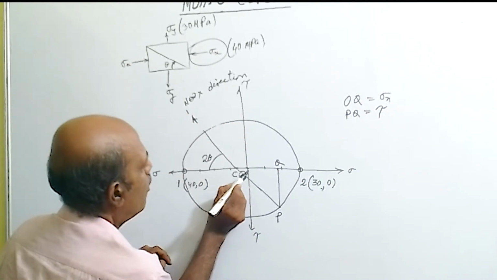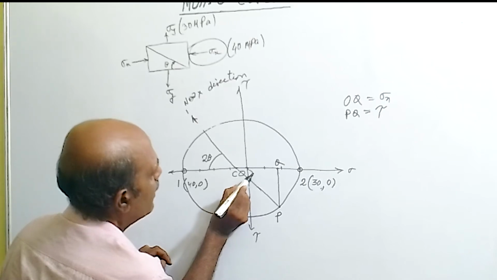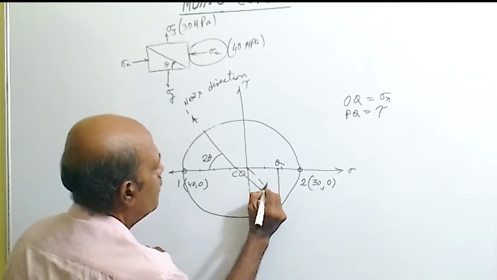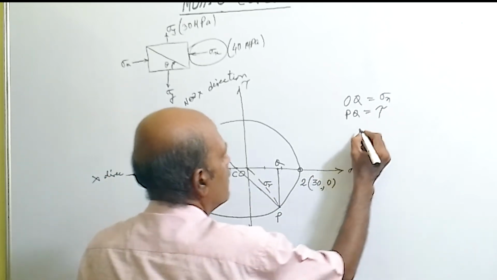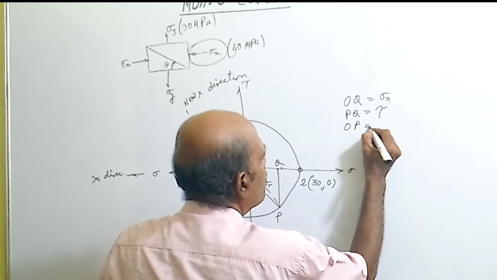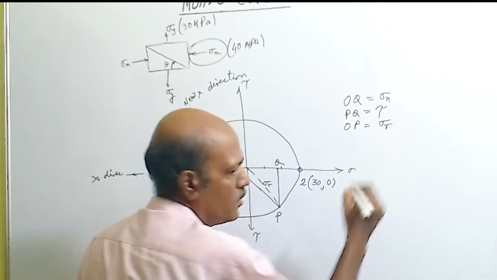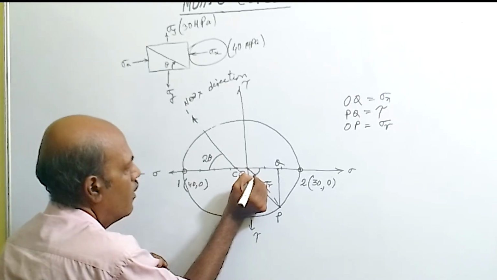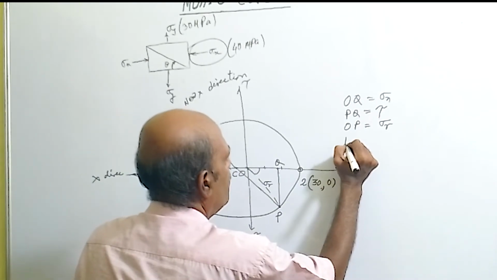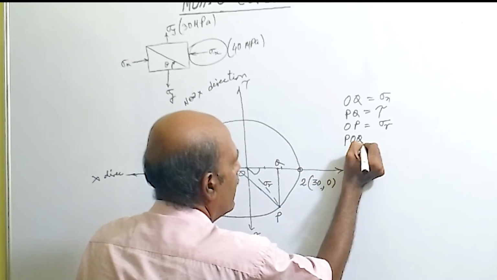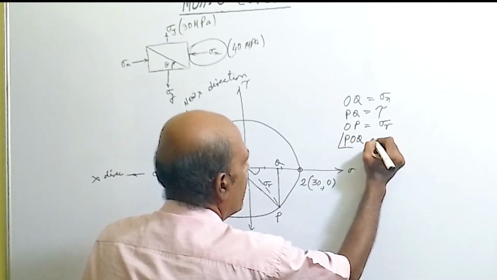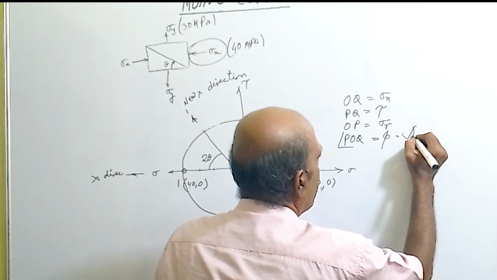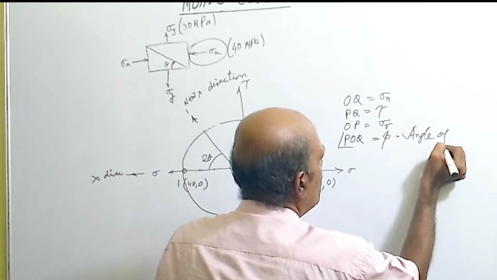From the origin join point P. Measure distance OP, it will give the sigma r value. Then measure the angle POQ, denoted by phi, which is known as the angle of obliquity.